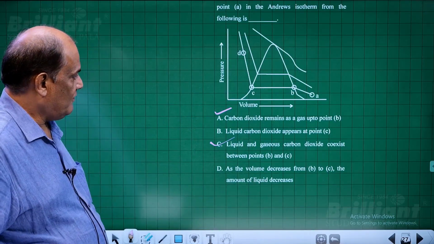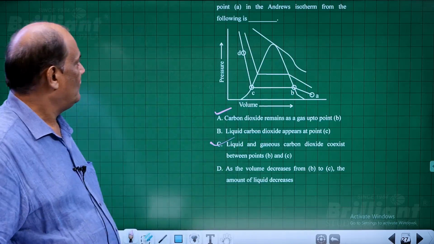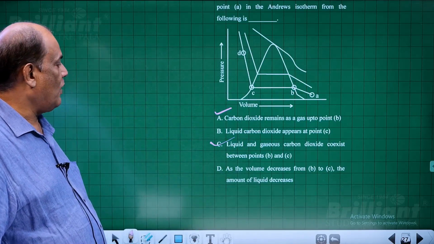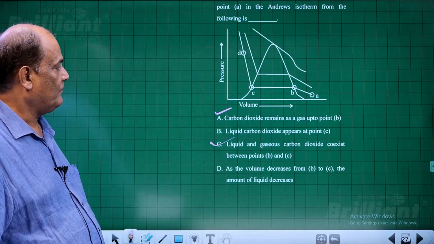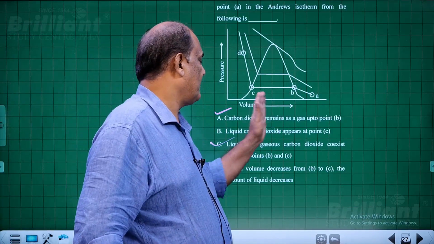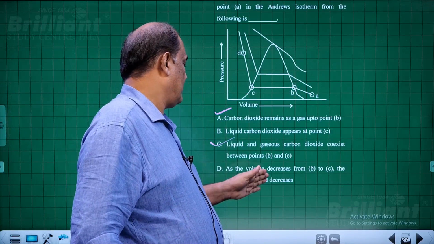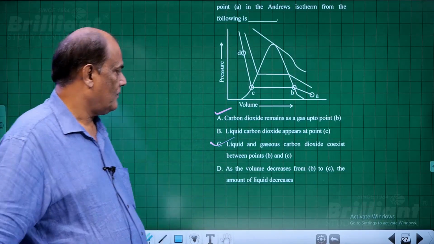As volume decreases from B to C, the amount of liquid decreases. Now, as the volume decreases from B to C, the amount of liquid decreases, that's wrong. Okay.